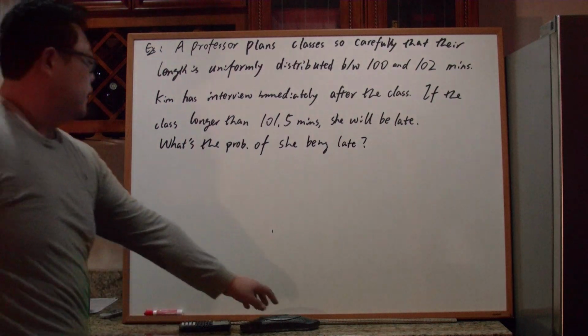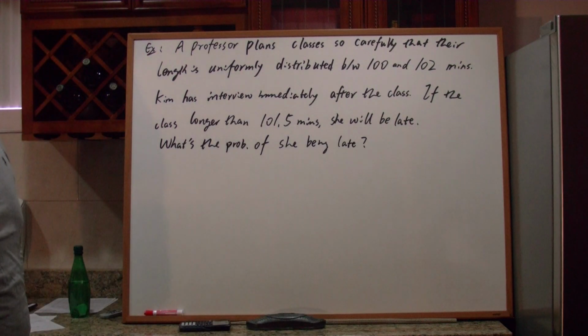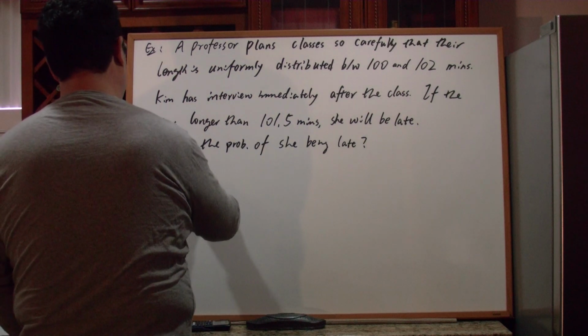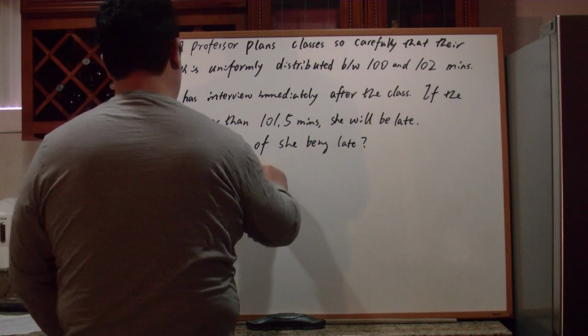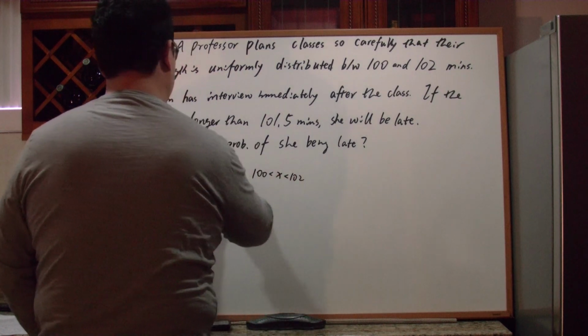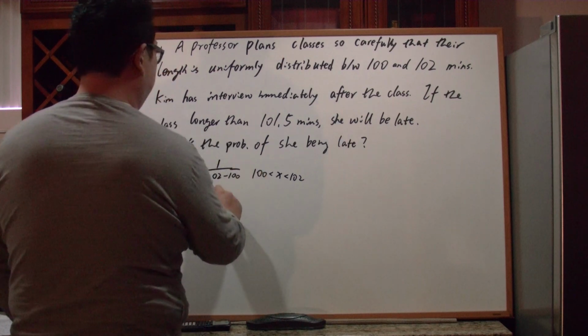Well, it says the class time is uniformly distributed between 100 and 102 minutes, right? Therefore, f of x on 100 to 102 minutes is 1 over 102 minus 100, which is simply a half.